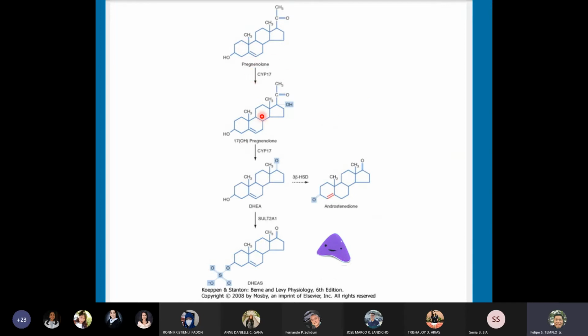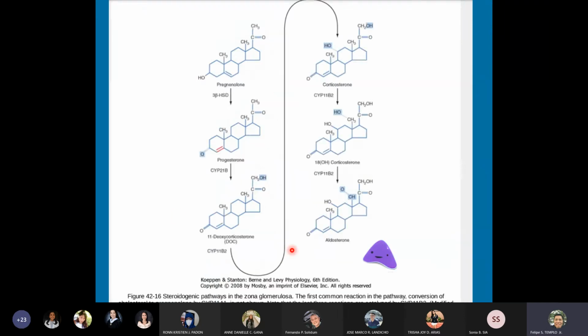While the same pregnenolone in your zona reticularis will be converted into 17-hydroxypregnenolone to become your DHEA, and then your DHEAS or androstenedione. So this biosynthesis pattern occurs in your zona reticularis. How about in zona glomerulosa? Again, same precursor, the pregnenolone, becomes progesterone, becomes deoxycorticosterone, becomes corticosterone, becomes 18-hydroxycorticosterone, and becomes aldosterone.